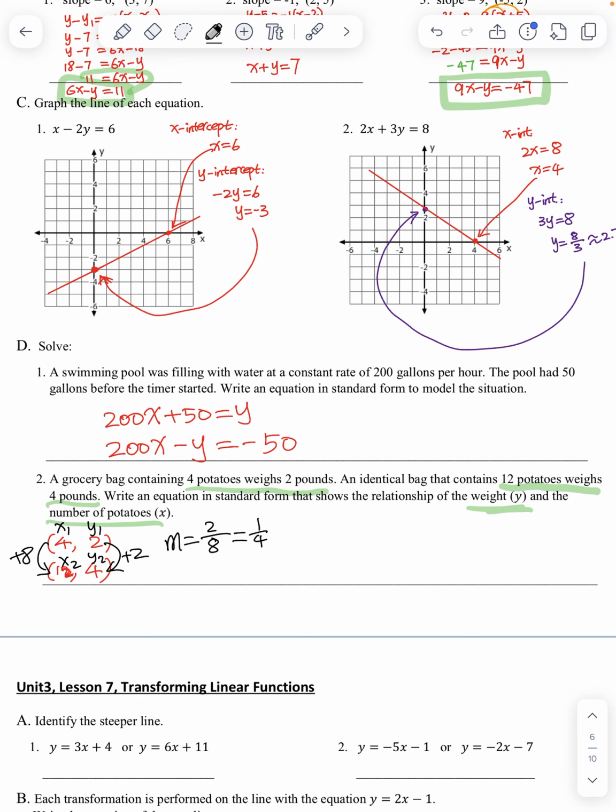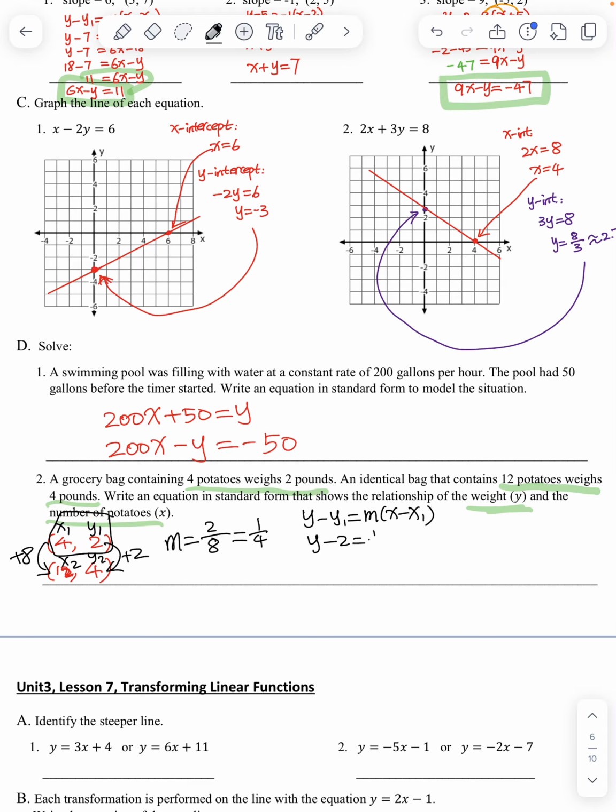Now I have to choose a point. I'm going to choose this point using the point slope formula. So y minus y1 equal to slope times x minus x1. So y minus y1 is 2. So y minus 2 equal to slope.